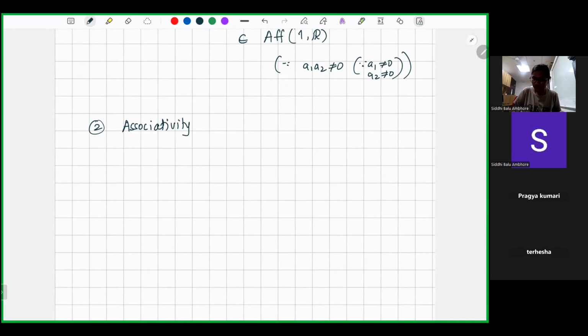Associativity of this operation. What we need to check is whether f_{a1,b1} composed with f_{a2,b2} composed with f_{a3,b3} is equal to f_{a1,b1} composed with the composition of f_{a2,b2} and f_{a3,b3}.